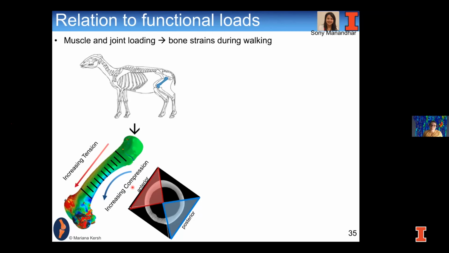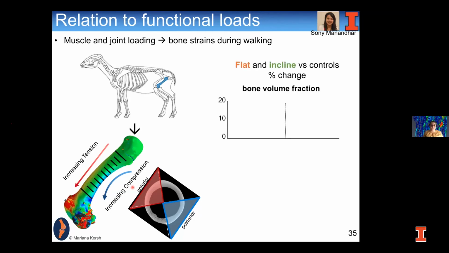So what I'm going to do is plot the percent change in terms of first bone volume fraction in between the flat and incline group versus the controls. And I'll plot increasing tension to the right. So we're essentially analyzing the samples moving proximal to distal, knowing that they're experiencing more tension in that direction on the anterior side, and then increasing compression on the other side.